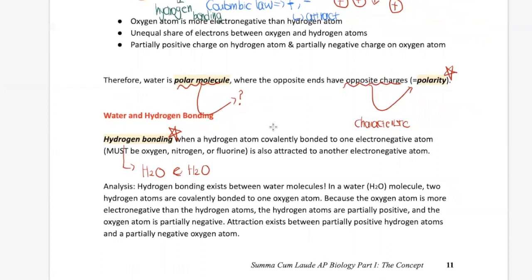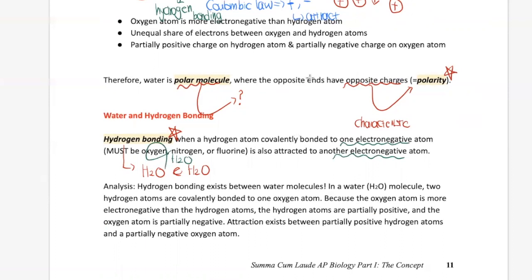A formal definition is when a hydrogen atom covalently bonded to one electronegative atom, which must be oxygen, nitrogen, or fluorine, is also attracted to another electronegative atom. Let's just apply this to the definition.